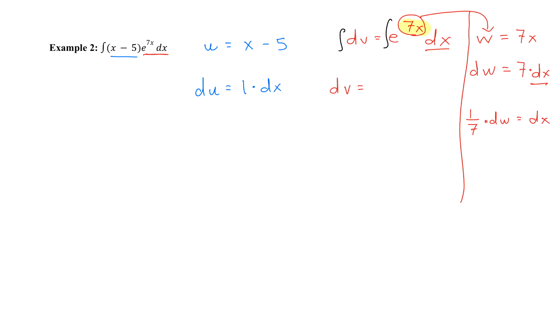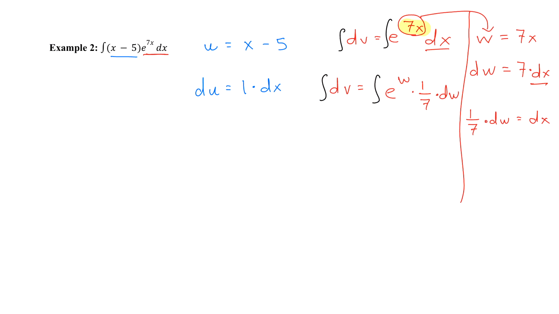So dv, again, remembering we're actually integrating this function. I'm going to integrate, instead of e^(7x), we're going to do e^w times, we said, instead of dx, (1/7) dw. I'm going to go ahead right away before I actually integrate and factor this 1/7 out, just because I don't want to make a silly mistake and forget to do something with it.